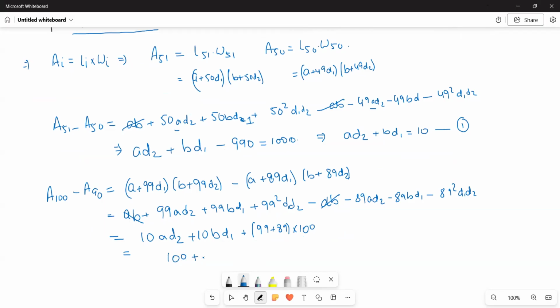So 100 plus 99 minus 89, 189. So 100 taken common, 189 into 100. The answer is 18900.